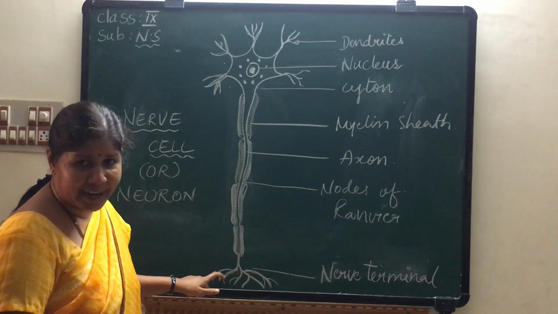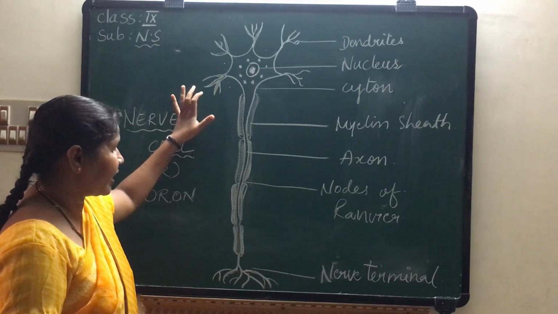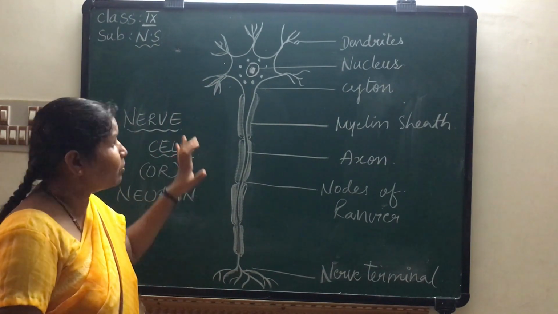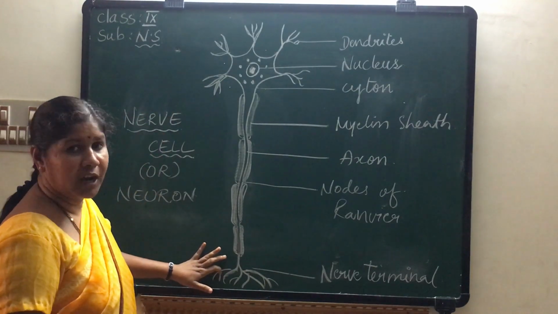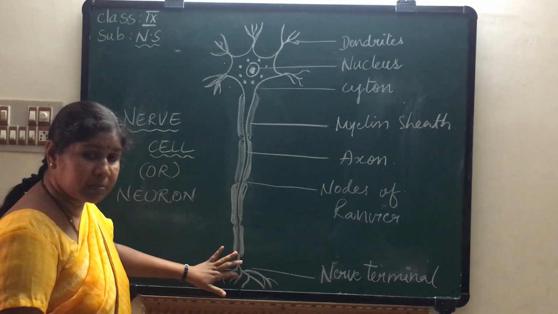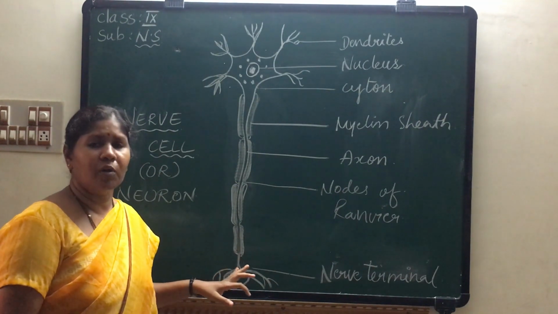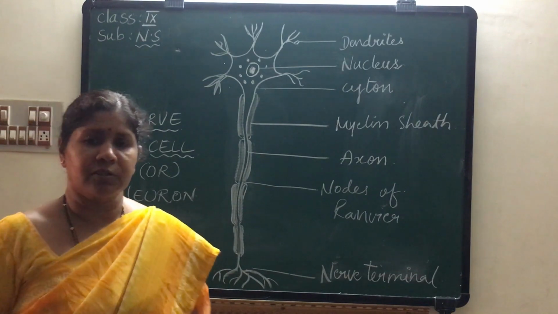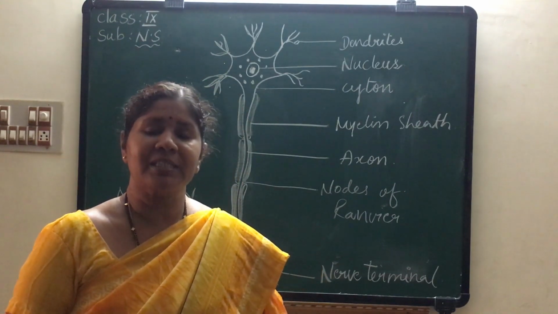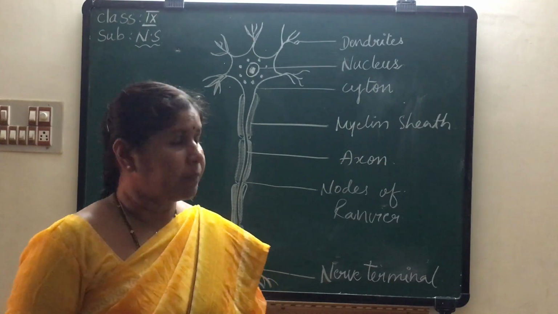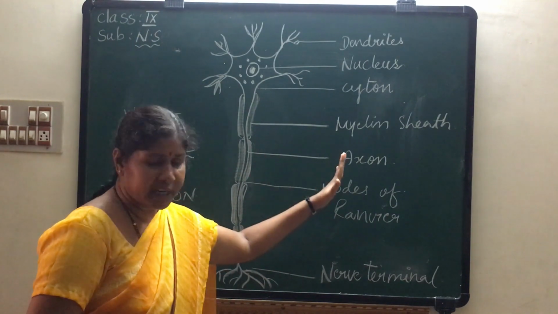Sometimes these dendrites may get attached to the axon, but mostly dendrites to axon or nerve terminal, and two nerve terminals will get attached. So throughout our nervous system, these nerve cells are attached to one another, and they will send the messages from one nerve cell to another nerve cell.